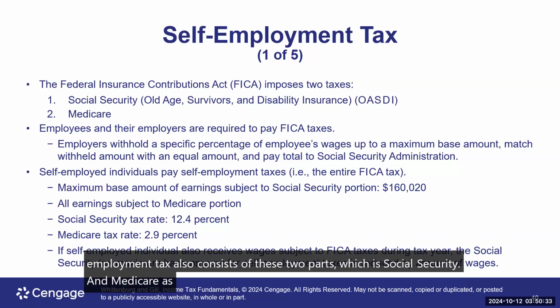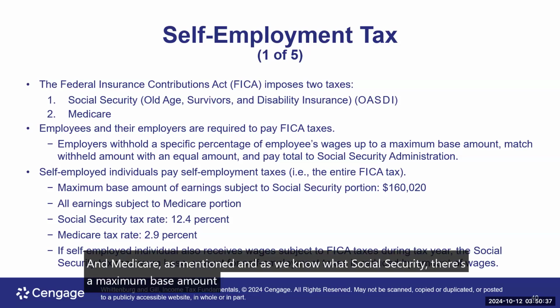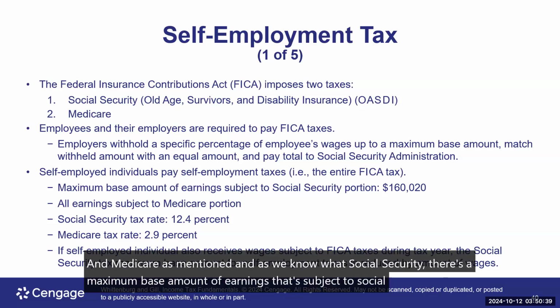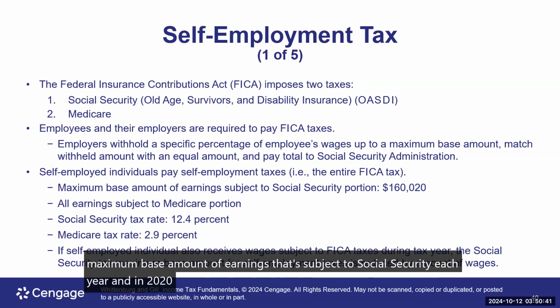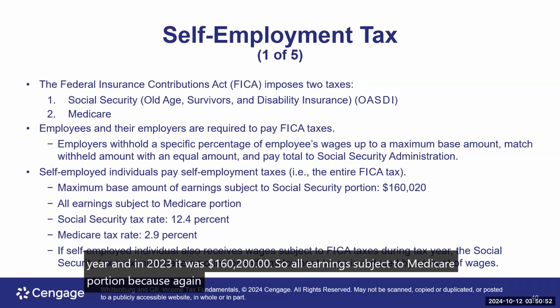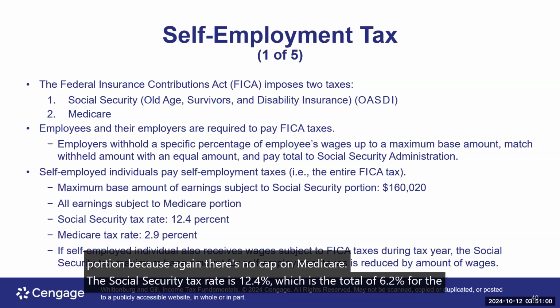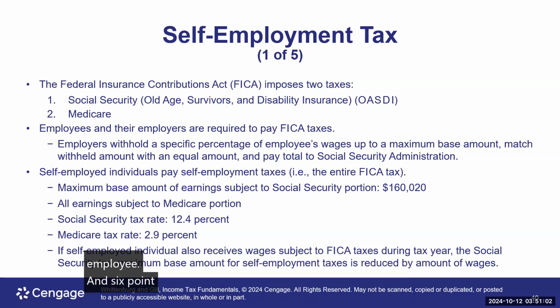And as we know with Social Security, there's a maximum base amount of earnings that's subject to Social Security each year. In 2023, it was $160,200. All earnings are subject to the Medicare portion, because again, there's no cap on Medicare. The Social Security tax rate is 12.4%, which is the total of 6.2% for the employee and 6.2% for the employer.